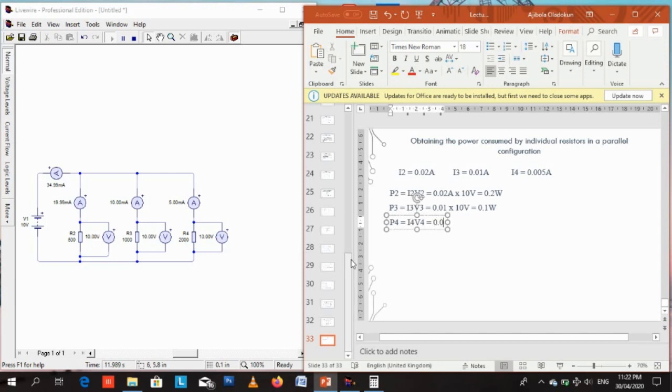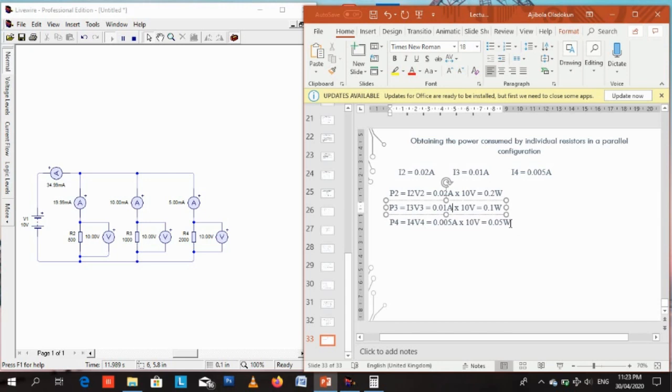So I4 is 0.01, sorry, I4 is 0.005, which is 5 milliamperes, multiplied by 10 volts, which equals 0.05 watts, capital W. So we've gotten the power consumed by the three resistors in parallel.